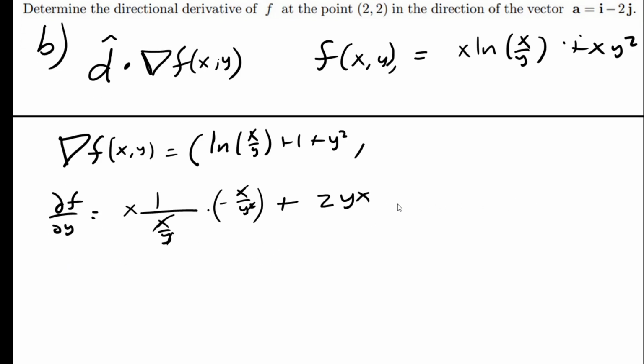Simplify, and we get minus x squared over y. Nope, not x squared, just x. Plus 2xy. And that's our y component of the gradient.